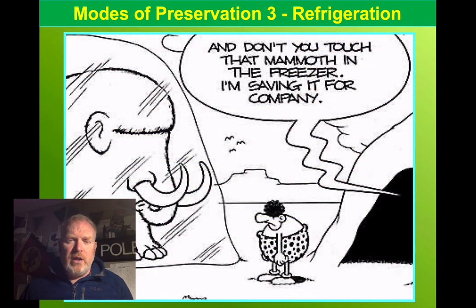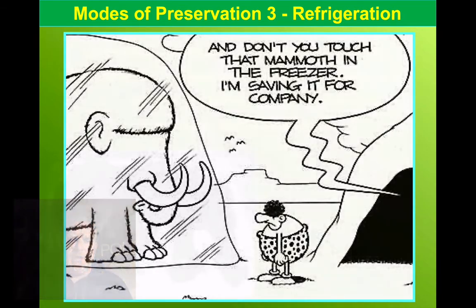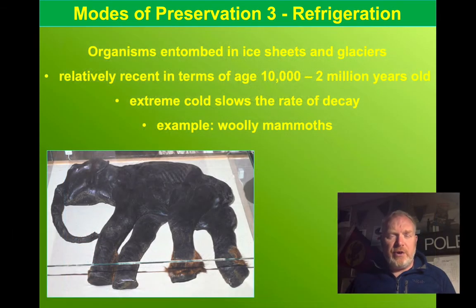Now, there are some other less common methods of fossilization that preserve fossils in very, very unique circumstances. Refrigeration is one of them. Now, refrigeration only really applies to very recent fossils. These are Quaternary fossils, for example, in places like Siberia.